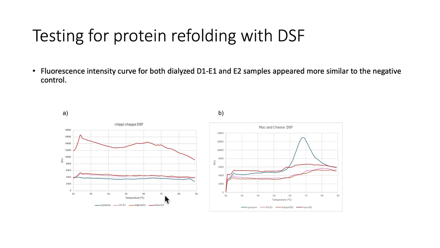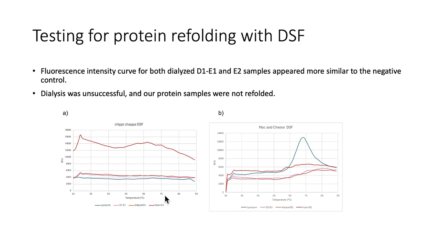Since our lysozyme curve looked quite different from what we expected, we compared our data with group mac and cheese, and we found that the fluorescent intensity curve for both of our samples, dialyzed D1 through E1 and dialyzed E2, both look similar to the negative control instead of the positive control. From this, we concluded that our dialysis attempt was unsuccessful, and unfortunately, our protein samples were not refolded.